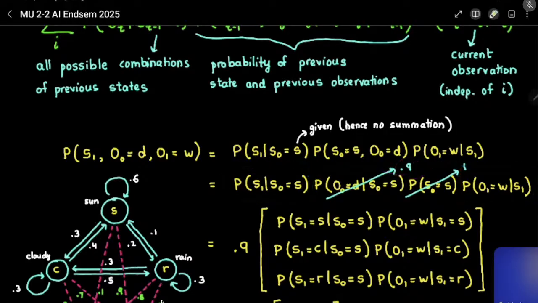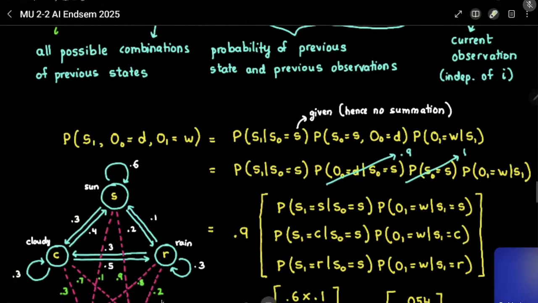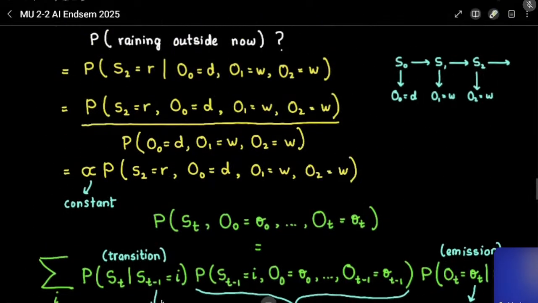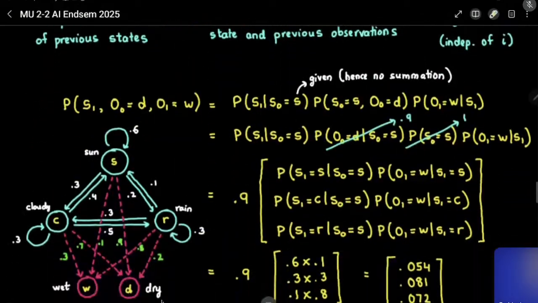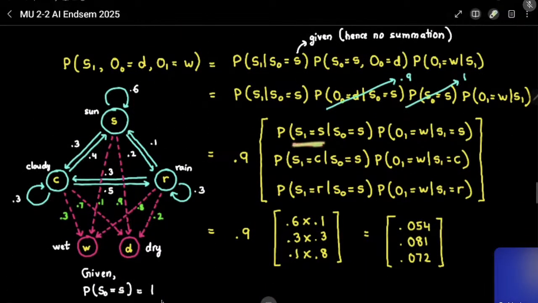Now what I'll do is, we all know S1 is a random variable. So if I want to write the probability of a random variable, I'll have to write all possible values. So S1 can either be sunny, cloudy or rainy. I'm following this order that is given in the question: sunny, cloudy and rainy. So in the vector, the first element will have S1 as sunny, the second element will have S1 as cloudy, and the third element will have S1 as rainy.